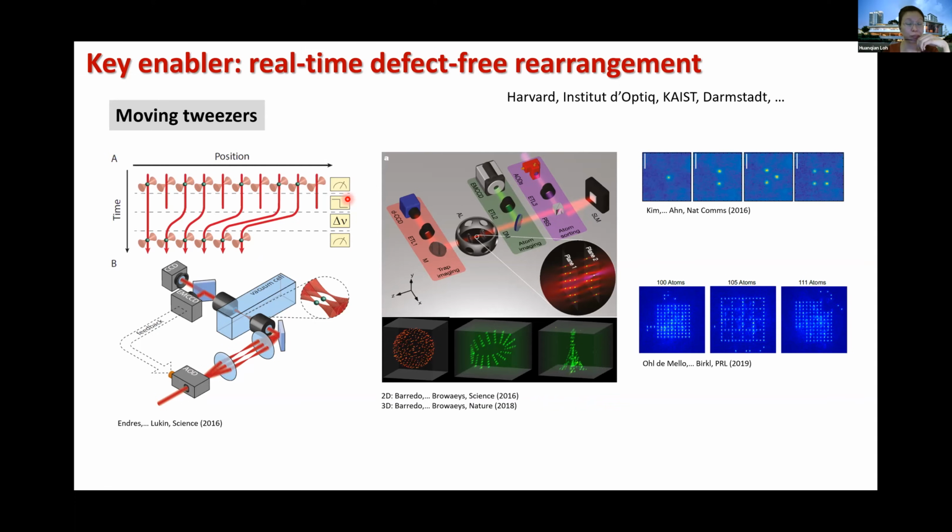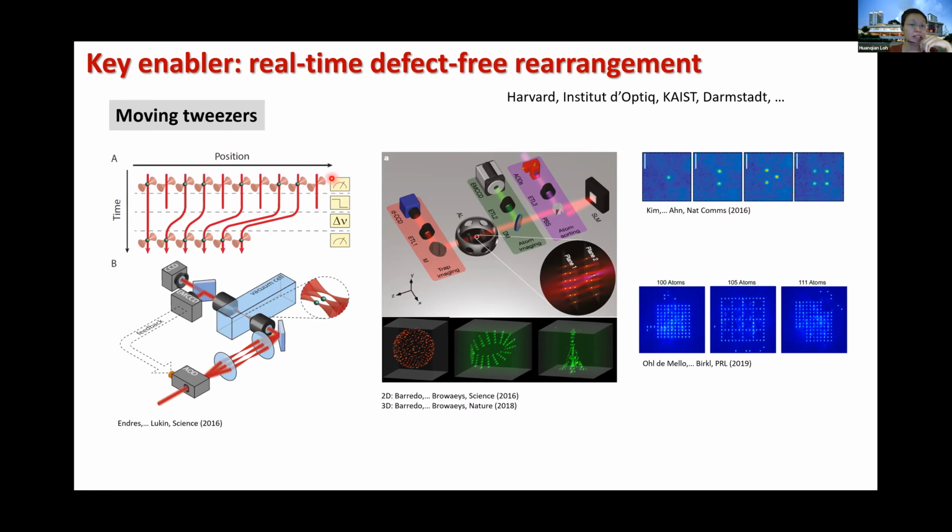which means that you have about 50 to 60 traps that are randomly filled, and that's not very friendly for, say, quantum simulation, mapping onto a particular Hamiltonian, or quantum computation, where you really want to control the exact kind of array that you're working with. So the way this is done, there are several ways, but I'm going to highlight some of them here, is that you can use, for instance, an acousto-optic deflector to generate the tweezer arrays.